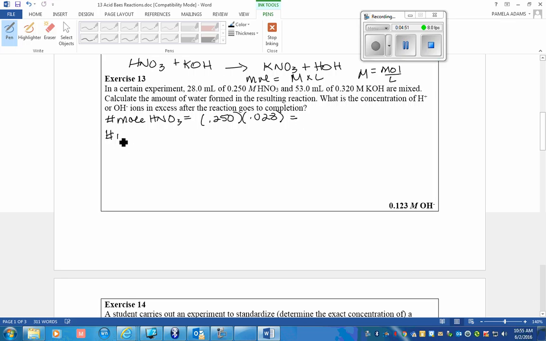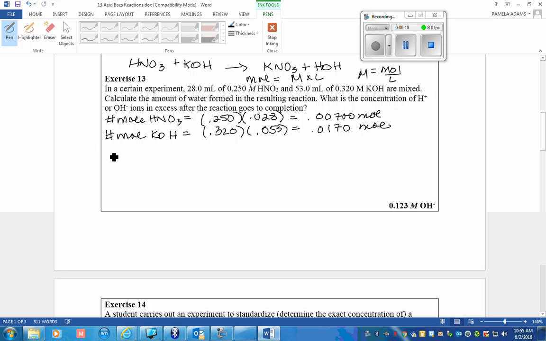The number of moles of KOH, given its molarity, 0.320, times its volume, 0.053 liters, is 0.0170 moles of KOH.